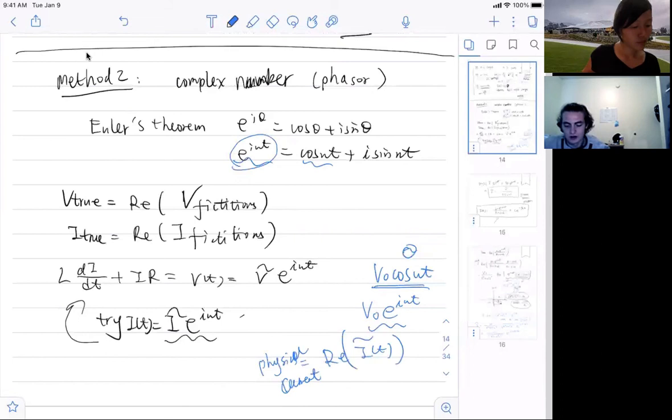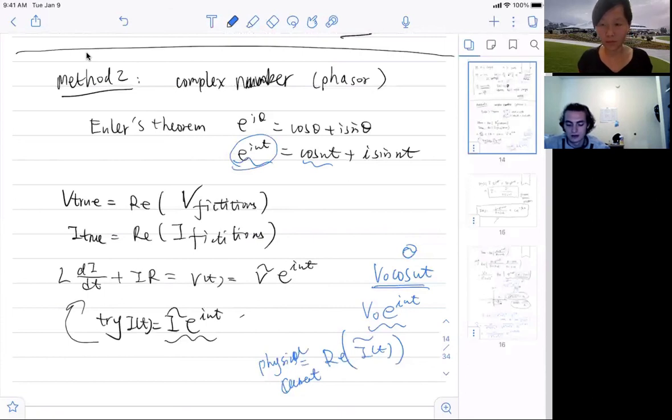Our original equation was V naught cosine omega t equal to L dI over dt plus IR.